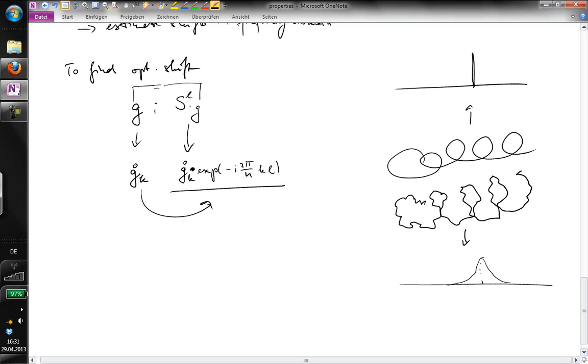We know that the transform of G circle is G, and the transform of this complex exponential is just an impulse which is located at position L. Look, this is identical to G convolved with a Dirac impulse sitting at location L.